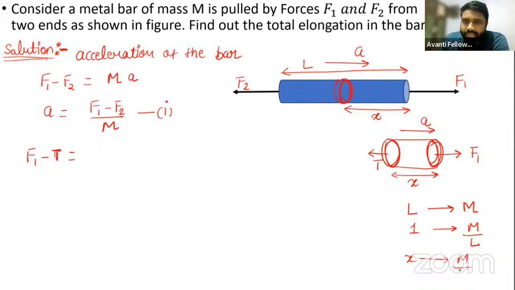It will be M by capital L into X. So I can put the net force equal to the mass of the X length into the acceleration of the bar.